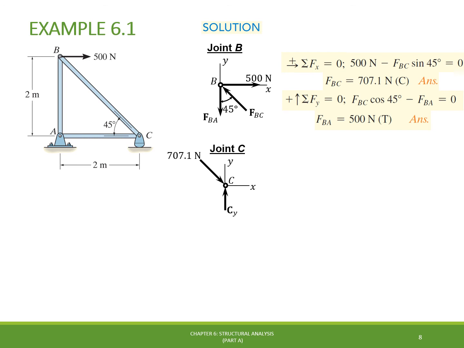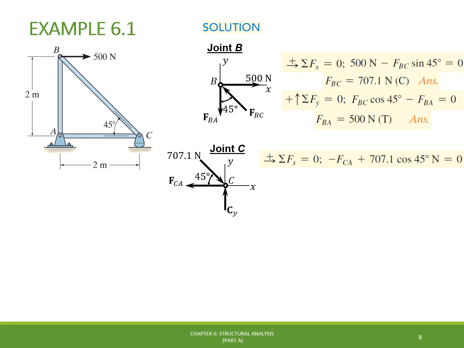Since we have already calculated the magnitude of this compressive force as 707.1 newtons, we can use it to calculate the unknown forces for joint C. The last force acting on the joint C is the reaction coming from the element CA, FCA, which we'll simply assume here to be tensioning joint C, and we'll check the answer later.